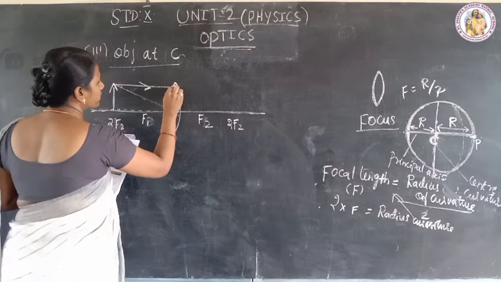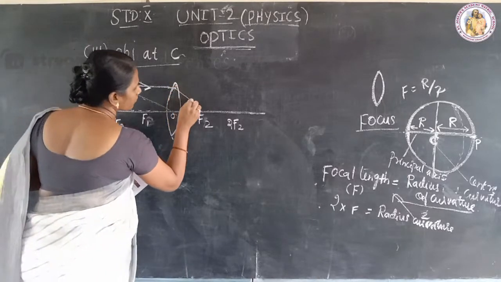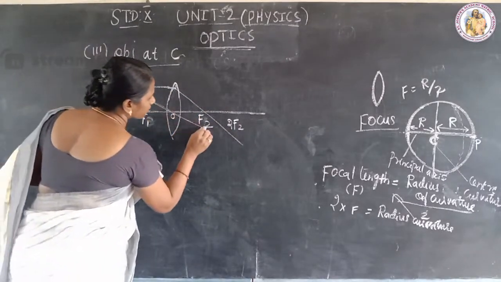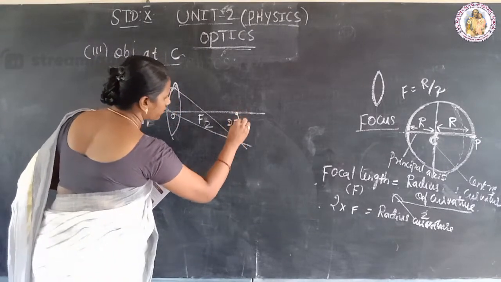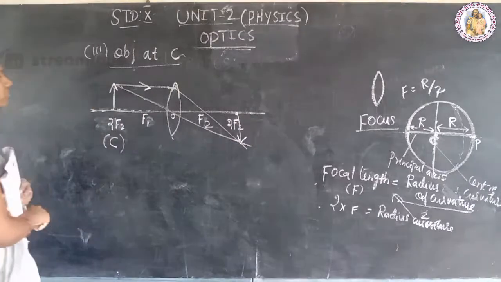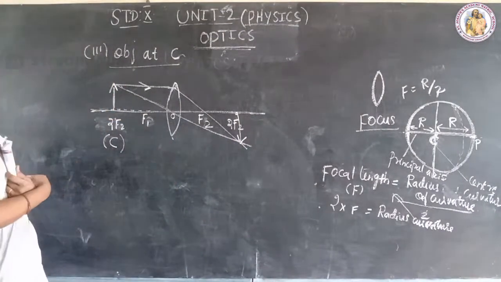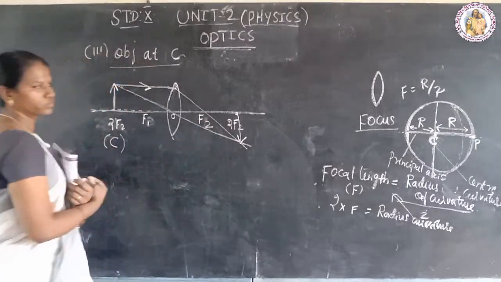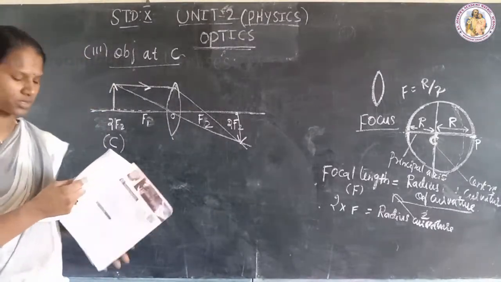It gets refracted here, and after refracting, they meet at 2F on the other side. The image is formed at 2F2, the 2F on the other side, at the center of curvature.